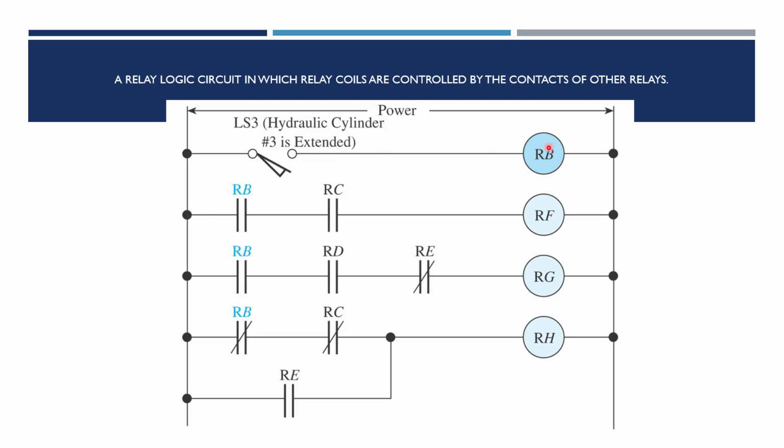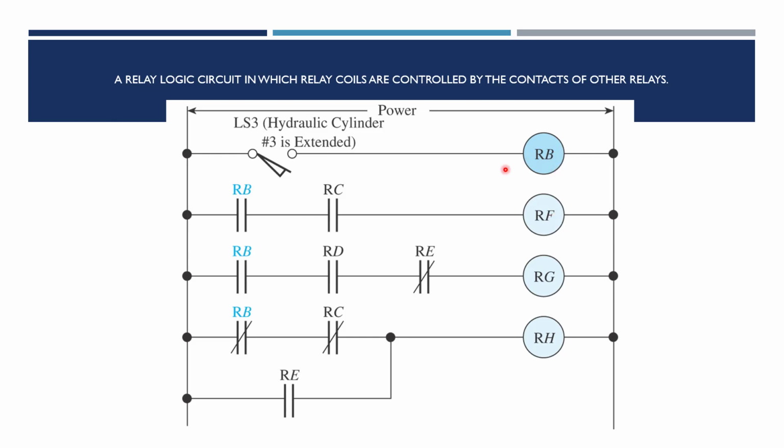When RB picks up, that's going to close RB contacts here, and if RC is already closed, RF will pick up. Or if RC is not closed, but then closes, then RF picks up.